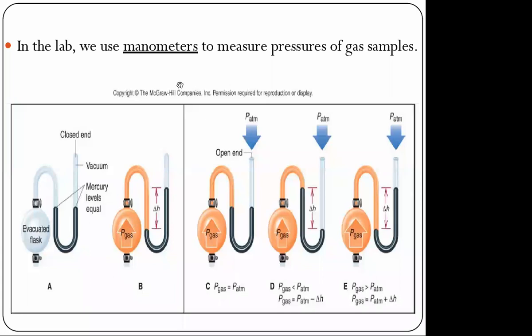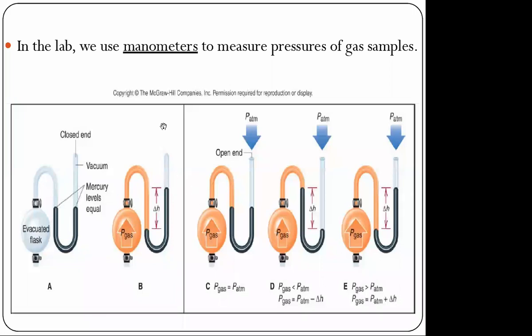The manometer is designed in such a way that you have a movement of your mercury. When the manometer is closed, you have the mercury level balanced off. The mercury levels are equal to each other.